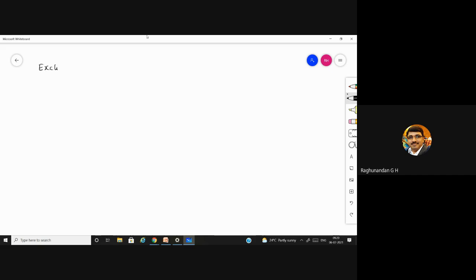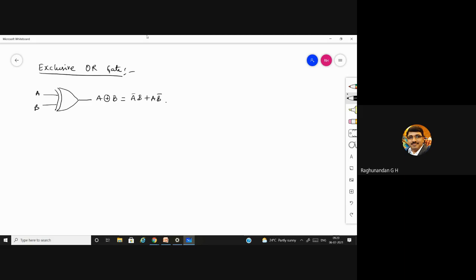Next is exclusive OR gate. So in the exclusive OR operation, this is the symbol for XOR gate, A, B, A exclusive OR B. The equation, this is the simplest form of writing the exclusive OR equation. This can also be written as A bar B plus A B bar.